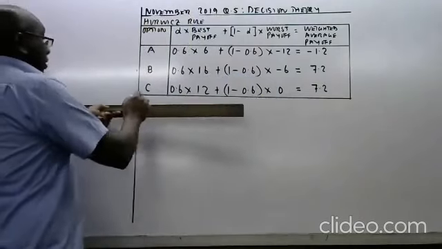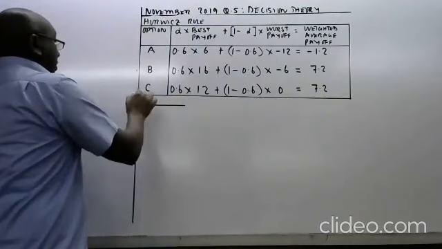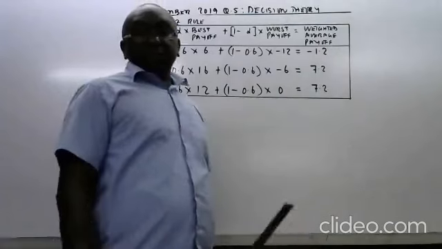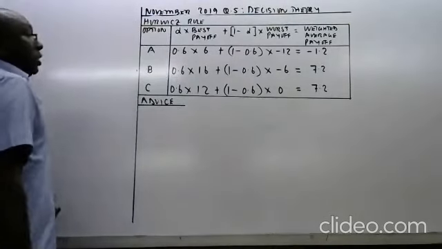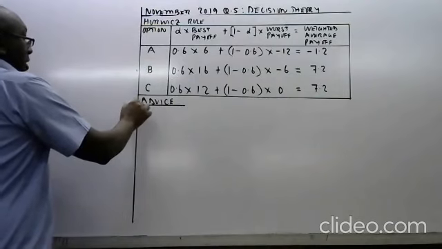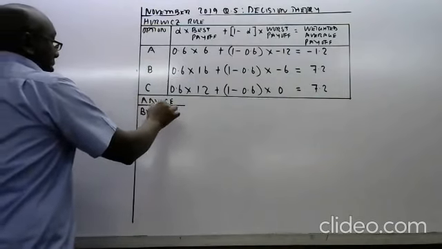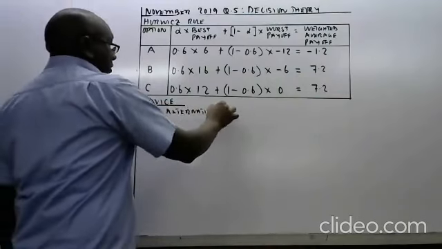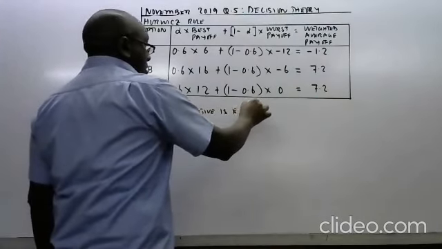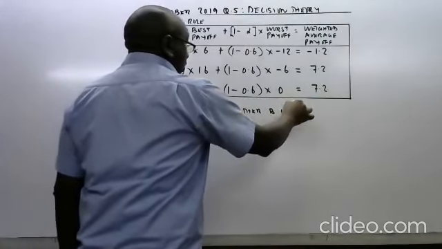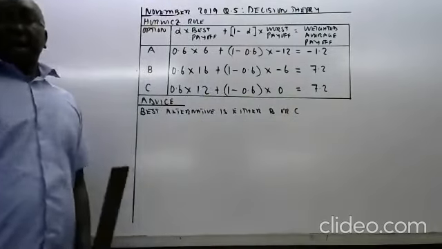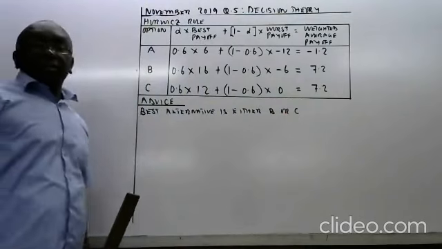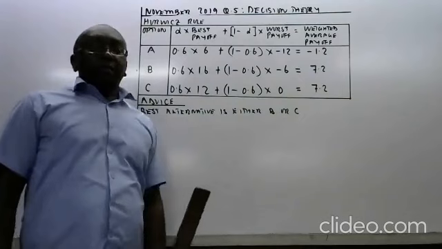So with that, we are supposed to give the advice, and we go for the highest. Because the two highest are equal, the best alternative is either B or C. They select one of them.